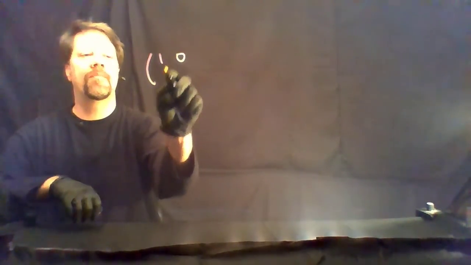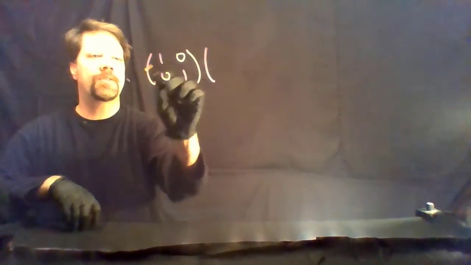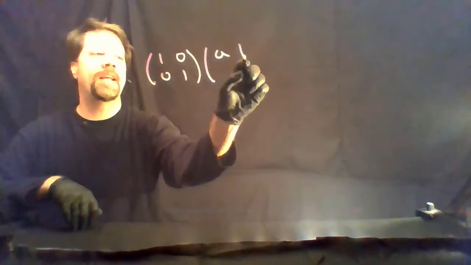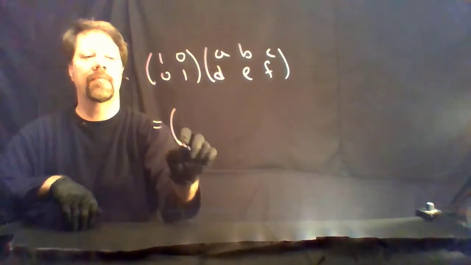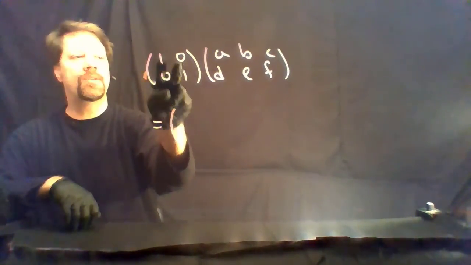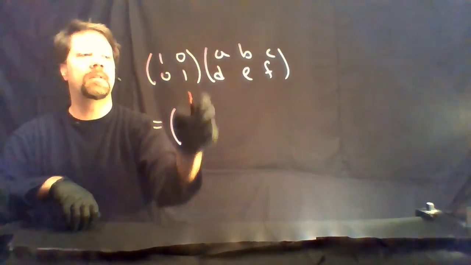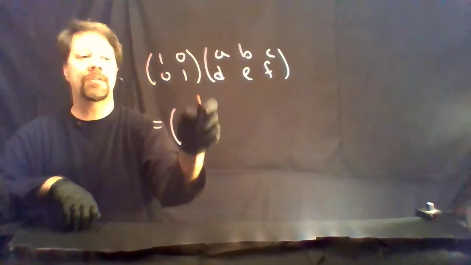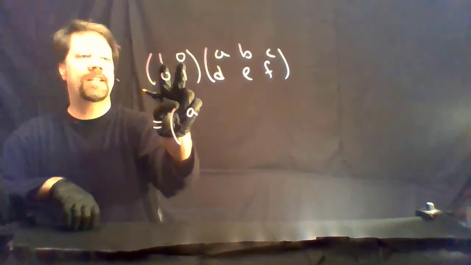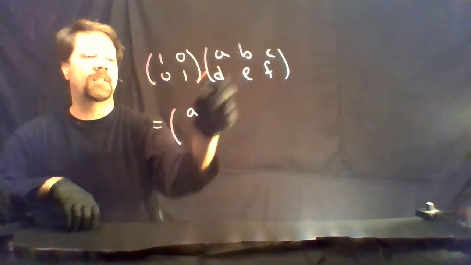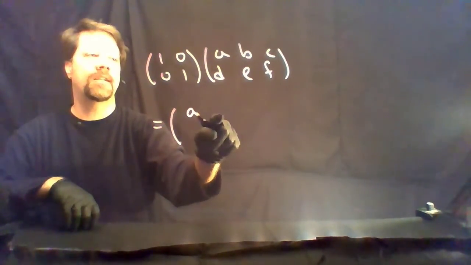What is the significance of an identity matrix? Let's suppose I take 1, 0, 0, 1 and multiply by A, B, C, D, E, F. When I multiply 1, 0 onto this first column, I get 1 times A plus 0 times D. That just leaves A. If I take the first row and multiply by the second column, I get the entry in first row, second column.